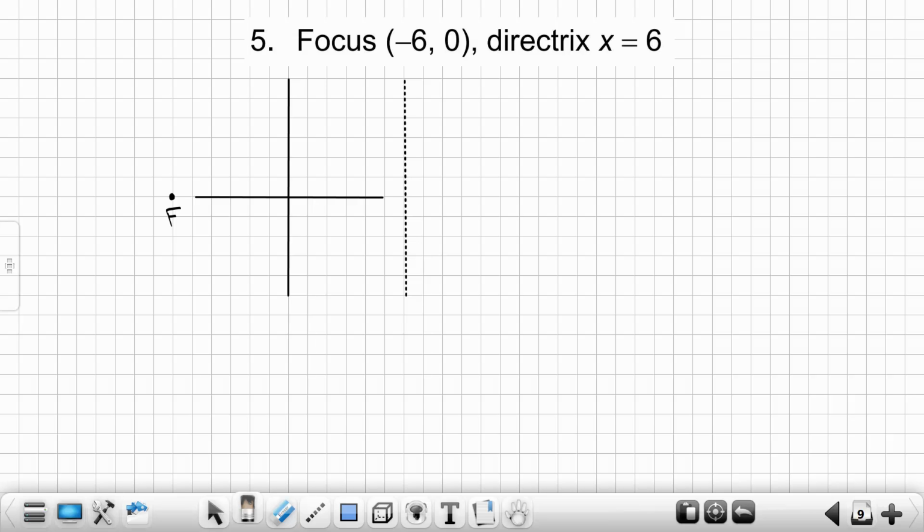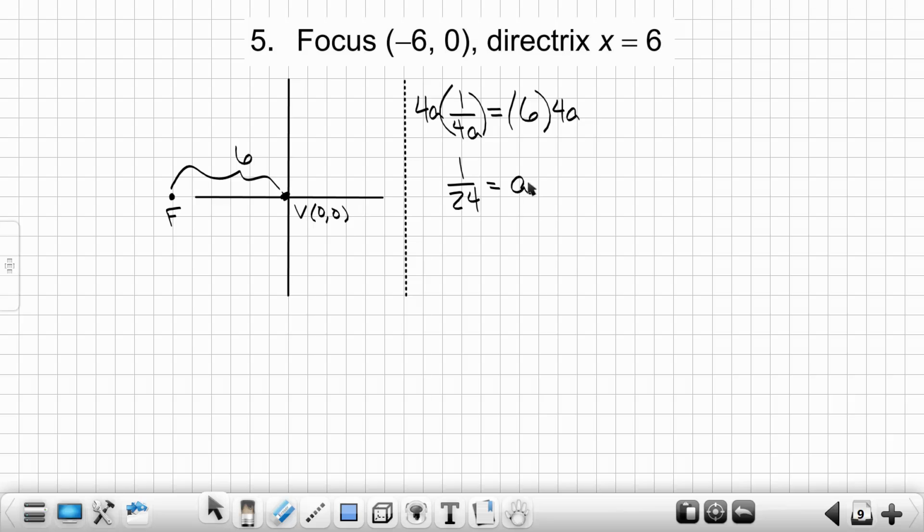So it would be in the middle, 0, 0. And the distance from the focus to the vertex is 6. So it'd be 1 over 4a equals 6. Multiply both sides by 4a. And get 1 over 24. And then 24a over 24.